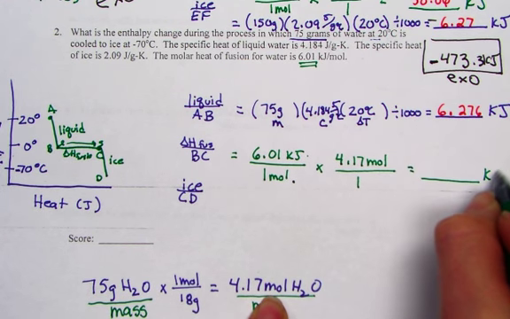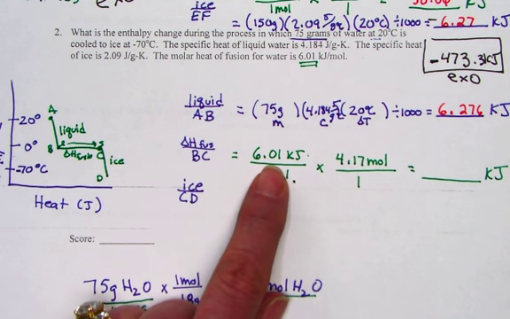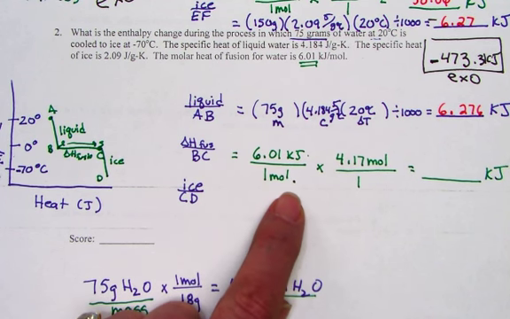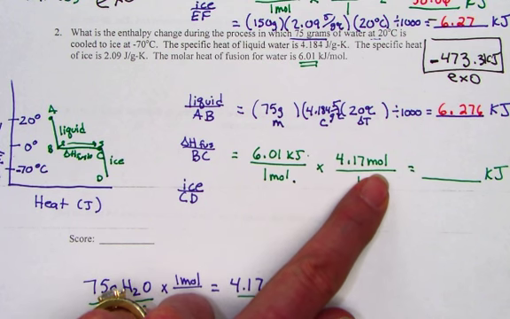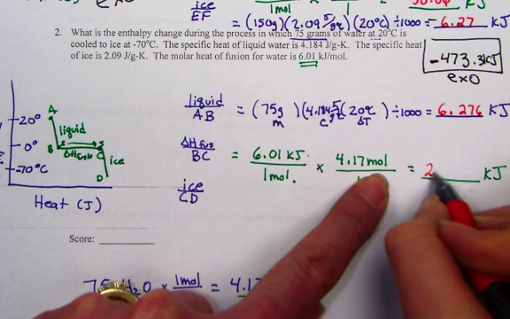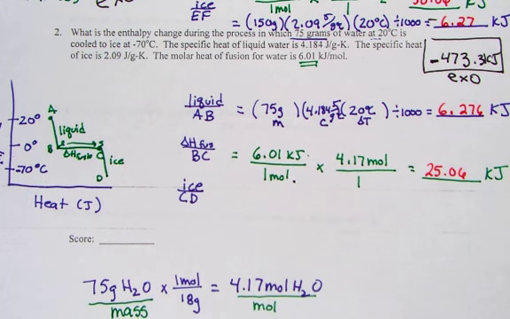When we hit, we'll already be in a kilojoule of energy. 6.01 kJs per mole times 4.17 moles gives us 25.06 kilojoules of energy for line segment BC.